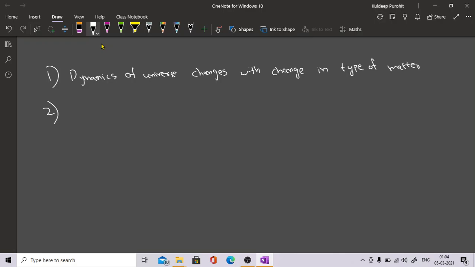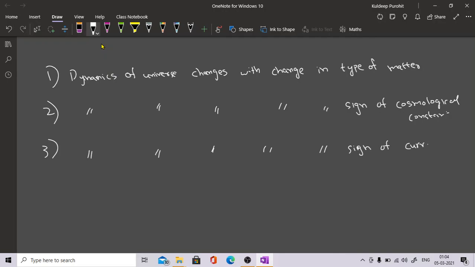Then the dynamics of the universe changes with change in the sign of the cosmological constant. The third thing: the dynamics of the universe changes with change in sign of curvature. So you cannot take these things arbitrarily.